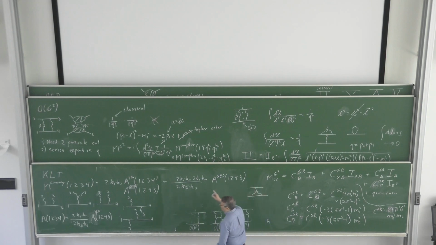In these relatively simple cases, you can use BCJ relations to understand exactly why the thing comes out with the same coefficient. However, if you go to a 5-point blob, let's say at higher loops, there's something like this that you're looking at, and there are some 5-point trees that you need.